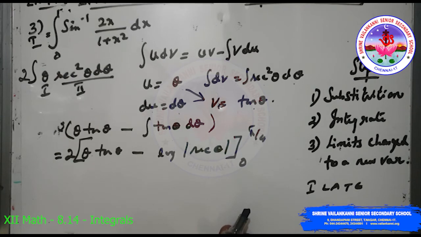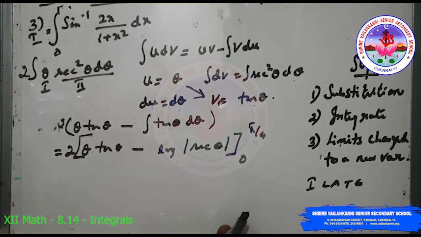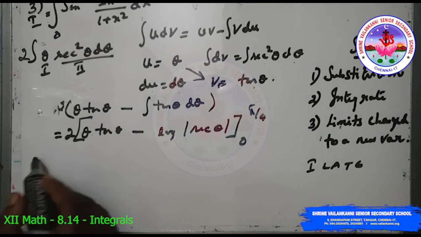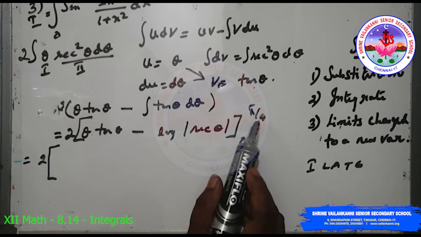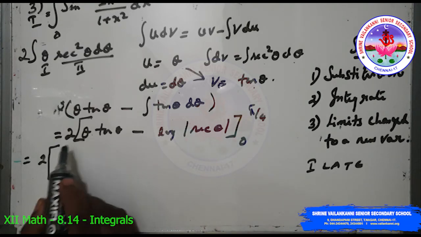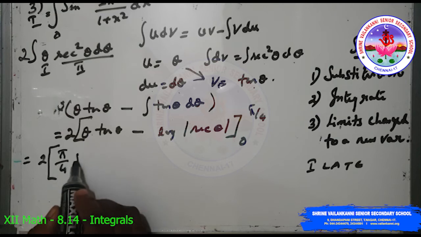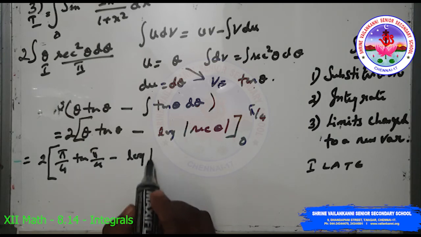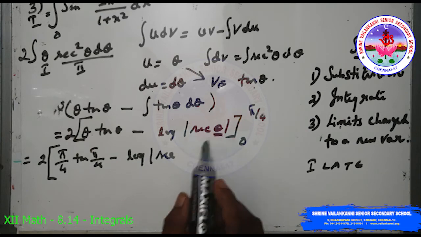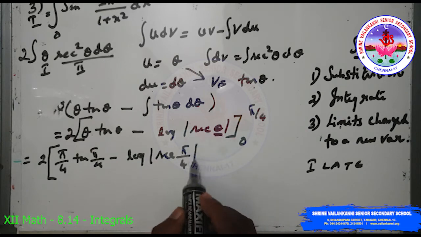So first applying the upper limit. 2 is common, substituting upper limit pi by 4: theta is pi by 4, tan pi by 4, minus log secant pi by 4.